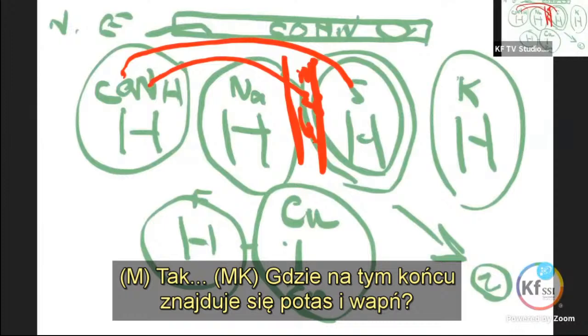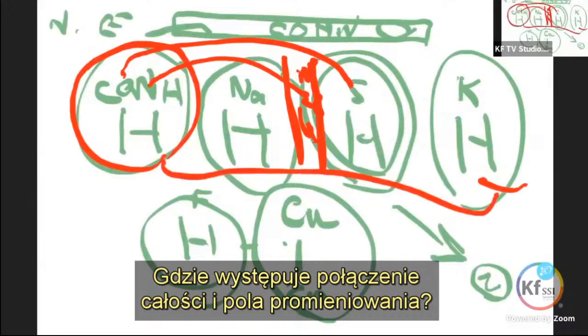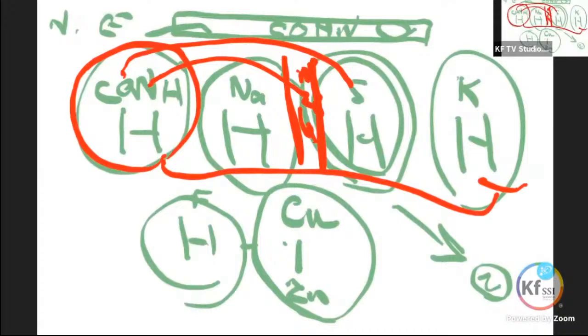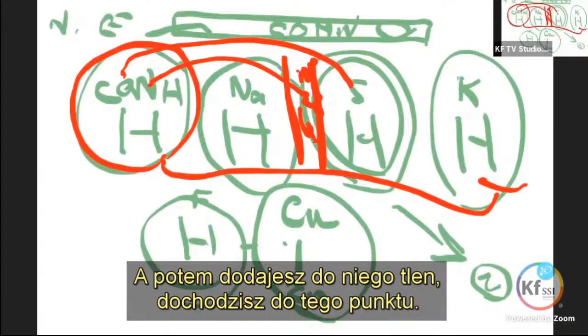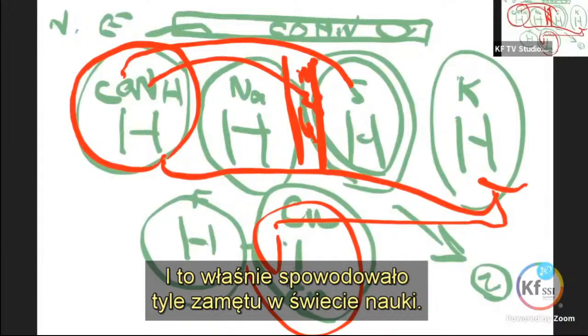Where potassium and calcium sit on this end, where there is a combination of the totality in the field of radiation. And then you add an oxygen to it, you come to this point. But these are all in a plasmatic condition. They are not in a field condition, in a matter state condition. And that's why it has created so much confusion in the world of science.